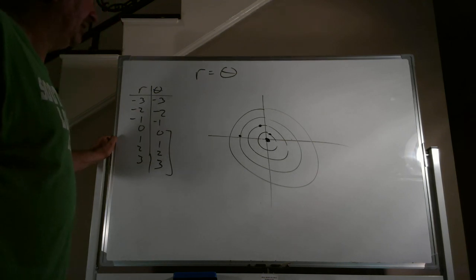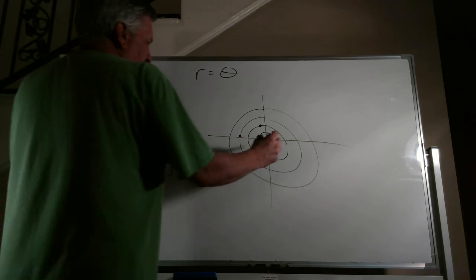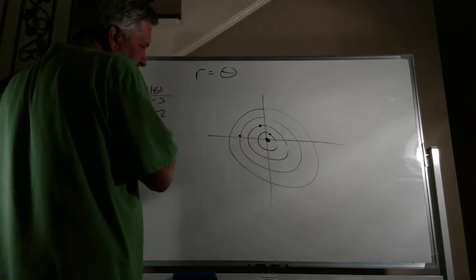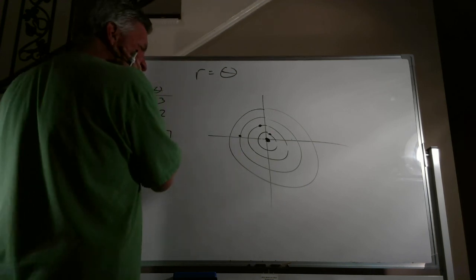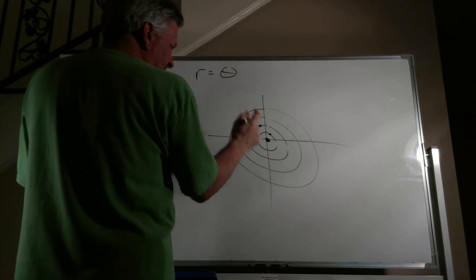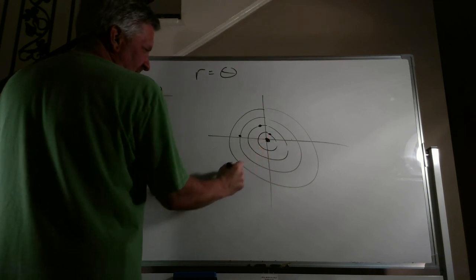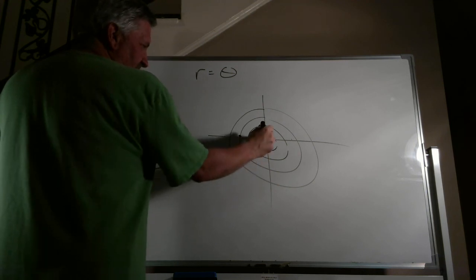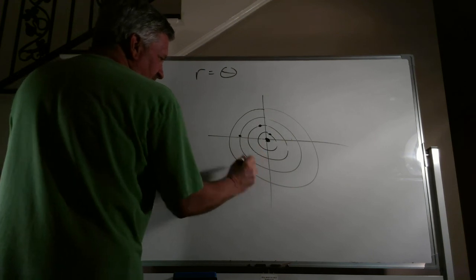Where's 4 radians? Certainly in the 3rd quadrant. Roughly here-ish. And then 4 radians will take me to here, and then 1, 2, 3, 4. It'd be out here somewhere.